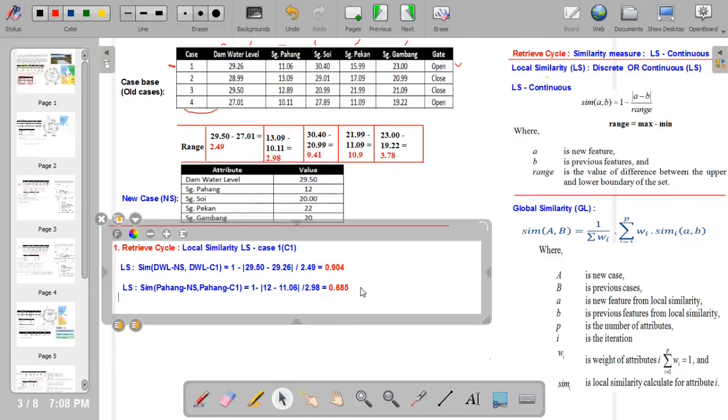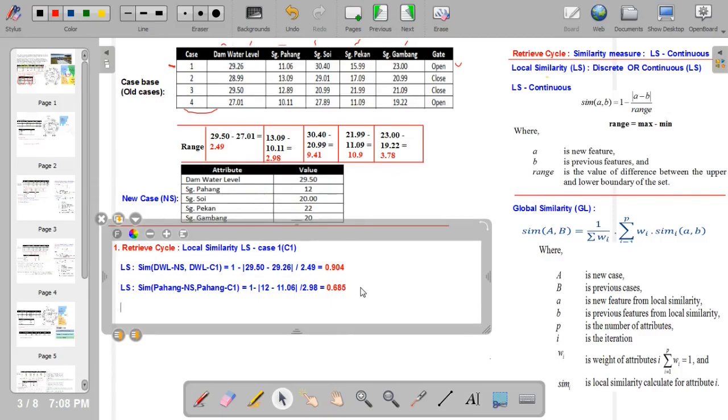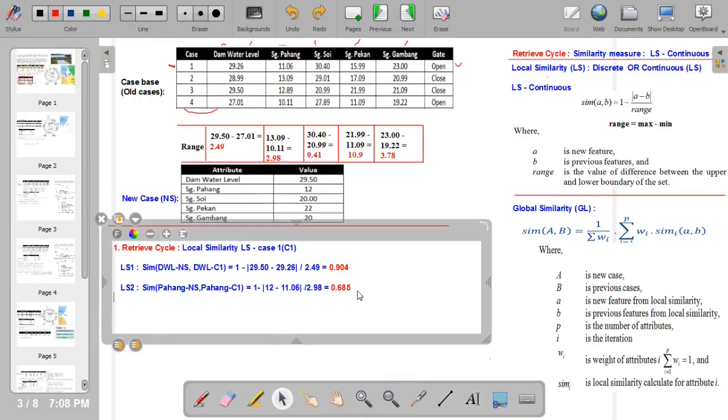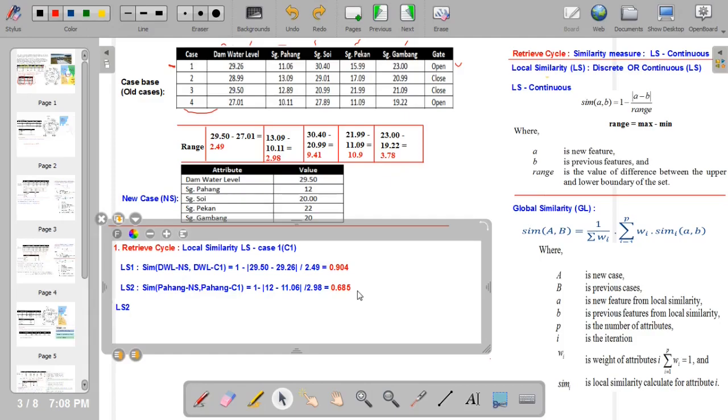Then we have to repeat the same things for all attribute values. So now we move to LS. This is the LS of the first attribute. This is the second attribute, LS1, sorry, LS2. And here should be LS3, right? Do I have this space? Here will be LS3 for attribute 3.